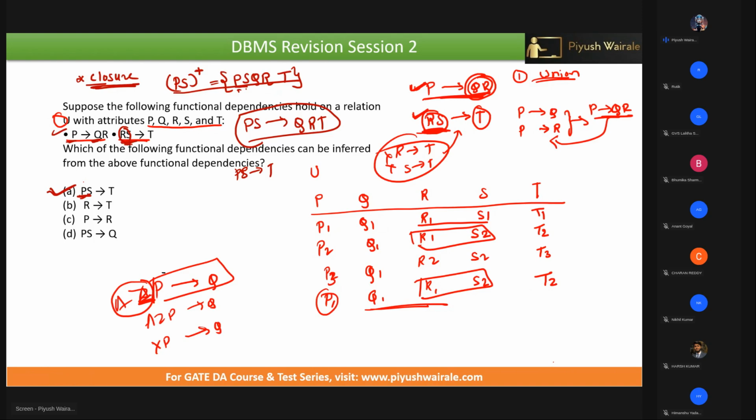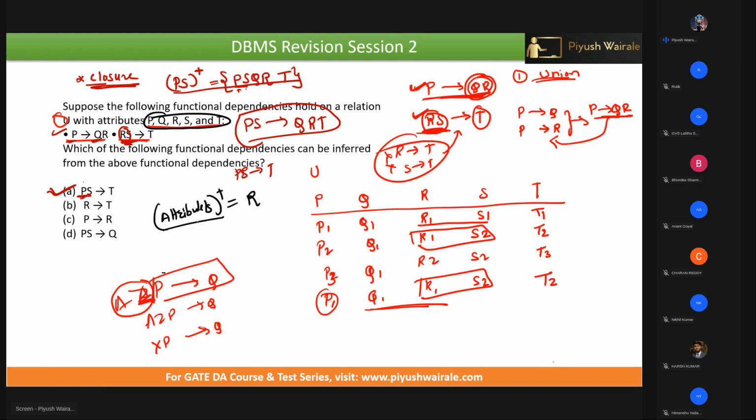You can see here RS determining T. That is basically PS closure equals this. And now if you are taking the closure of an attribute or set of attributes, if that closure gives you R, it means all the attributes in the relation. So here we have PQRS.